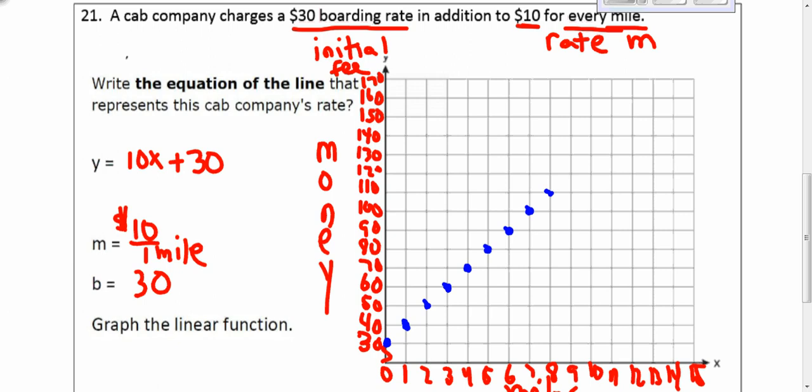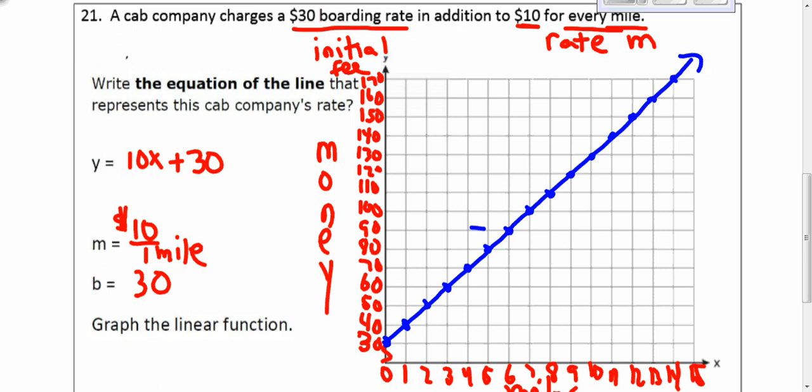And that's why you increased on the y-axis by $10, because if you use your slope, your graph will pretty much always look like this. Remember, at 0 miles, you're at 30, because as soon as you step into that cab, the cab company charges you $30.